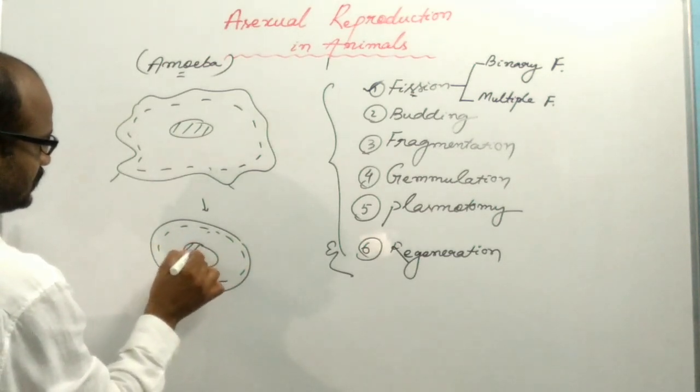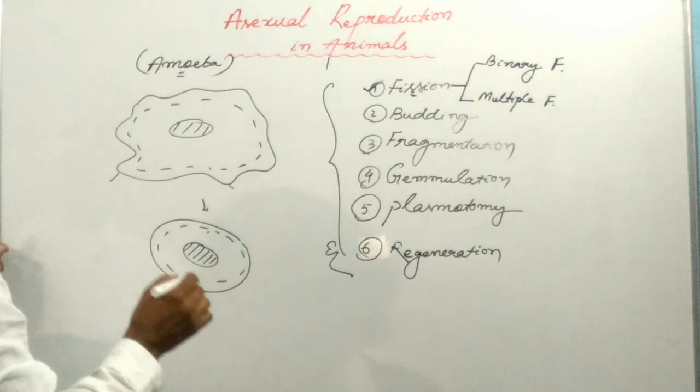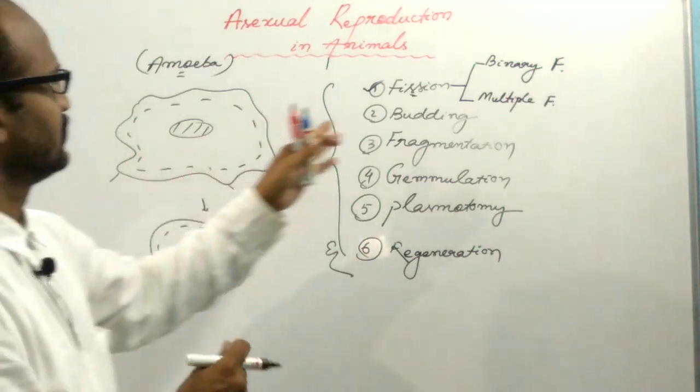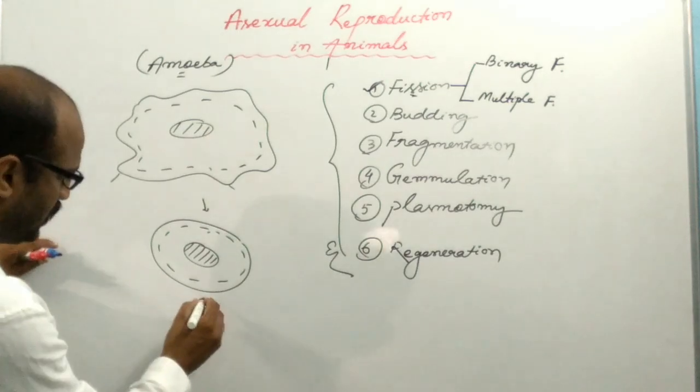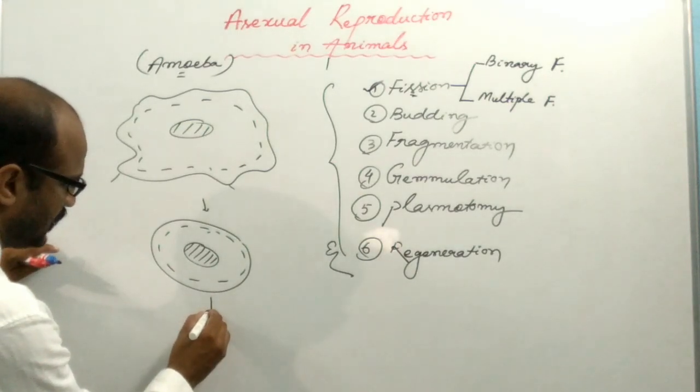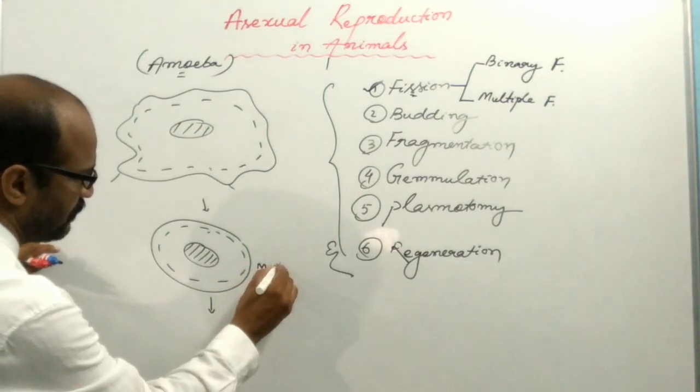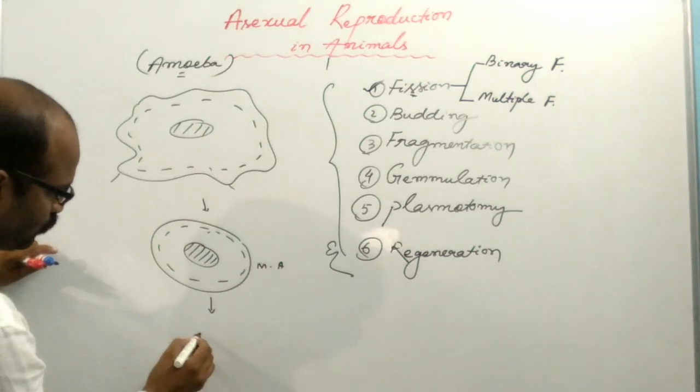These are the prior events of binary fission. A constriction appears at the middle, and the mother amoeba divides into two.